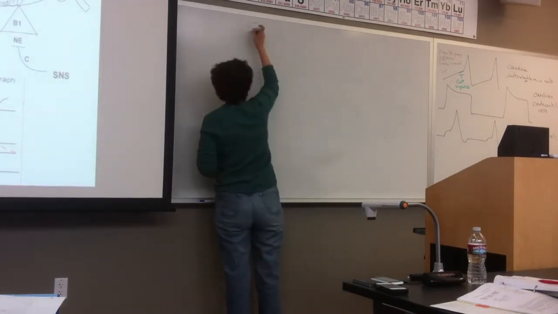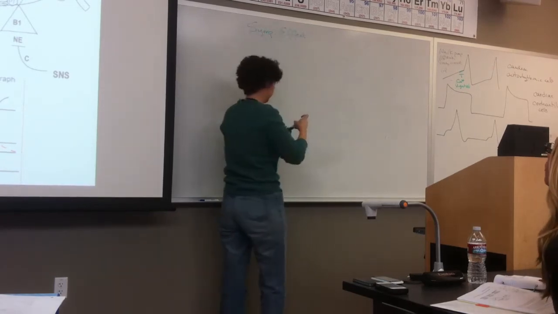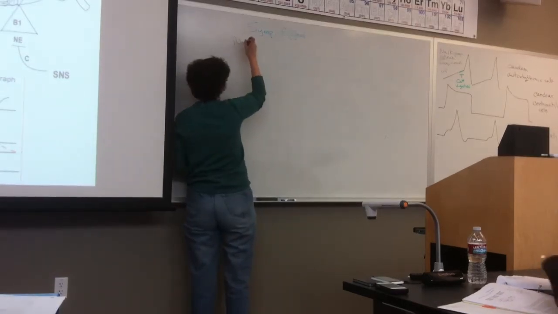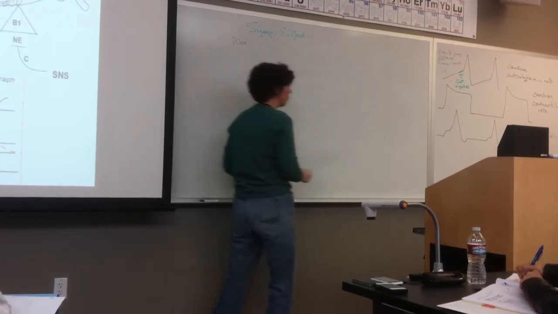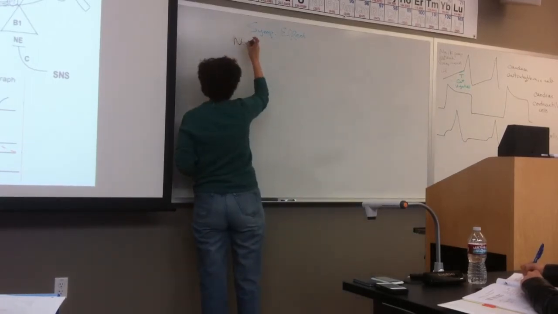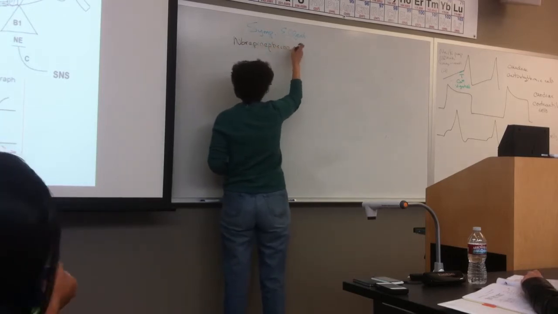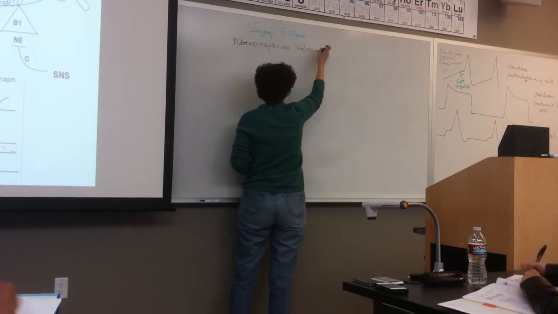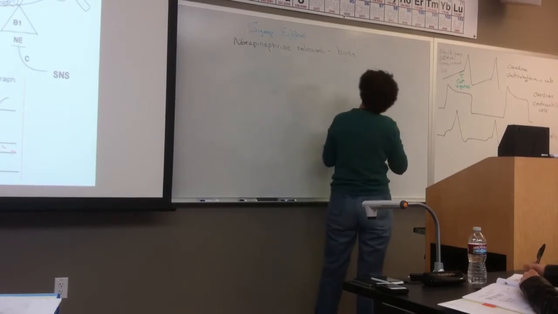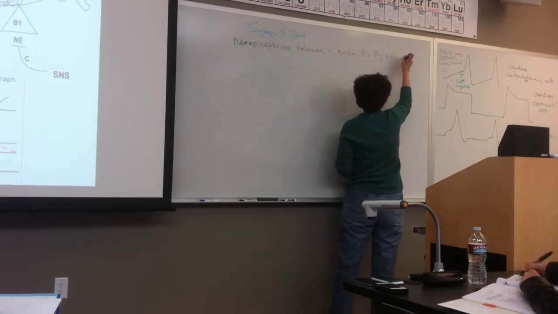So, sympathetic effect. Norepinephrine is released, okay, and binds to beta-1 receptors on the SA node, say.